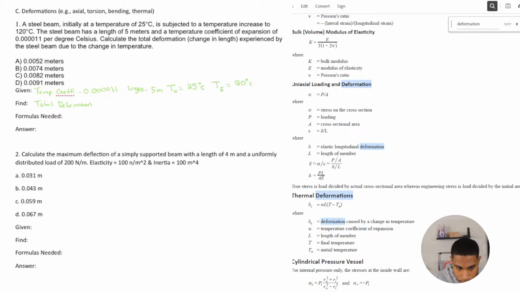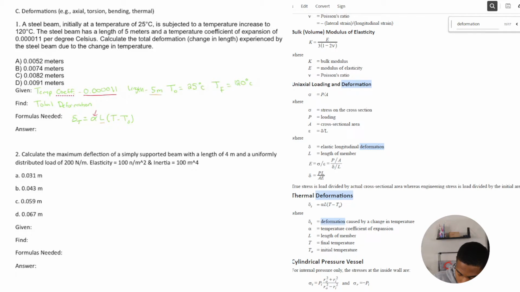So let's solve. The formula that we need is alpha times L times T minus T0. This component is my temperature coefficient, which is here.